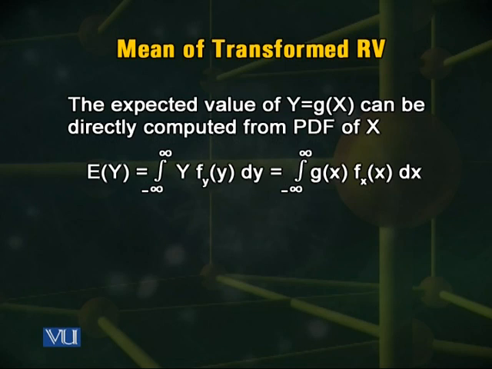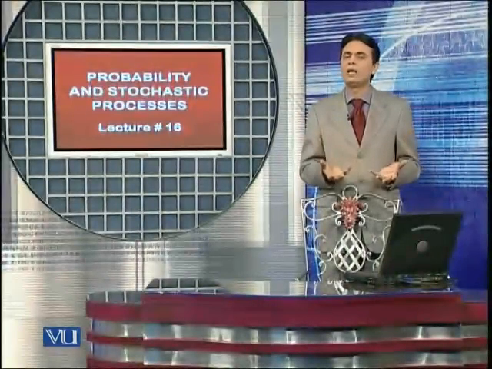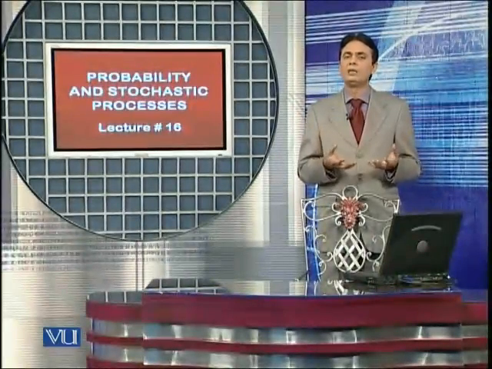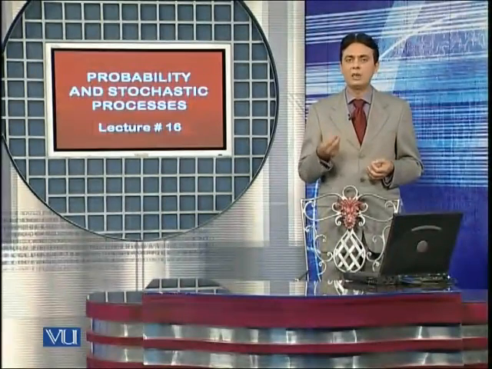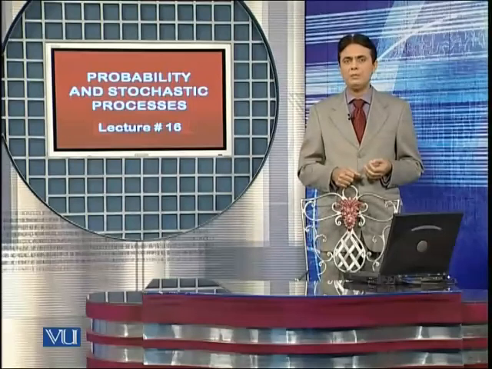Or you can have the same answer by integrating over the range of x, and integrating not x fx but g of x times fx. So if you integrate g of x times fx over all the values where x takes on its value, you get the expected value of y. This is simple, and you can use this to find the expected value of transformed random variables.